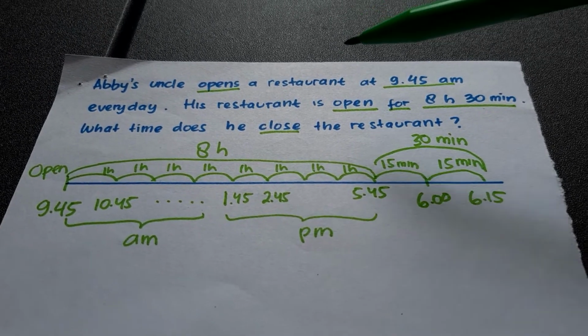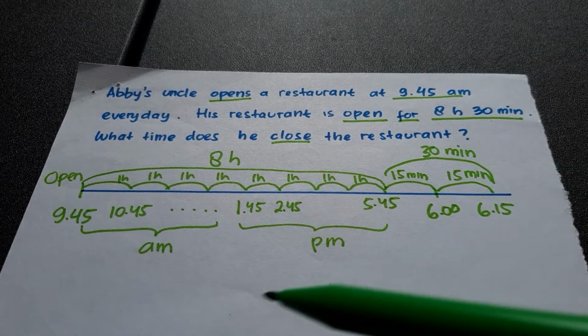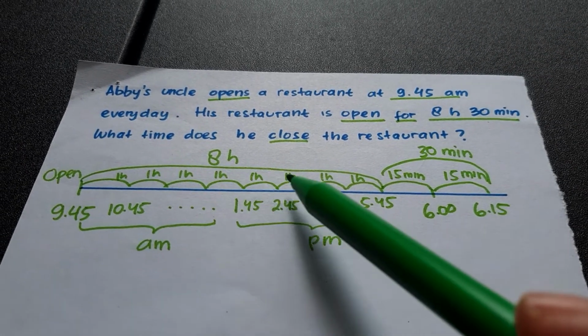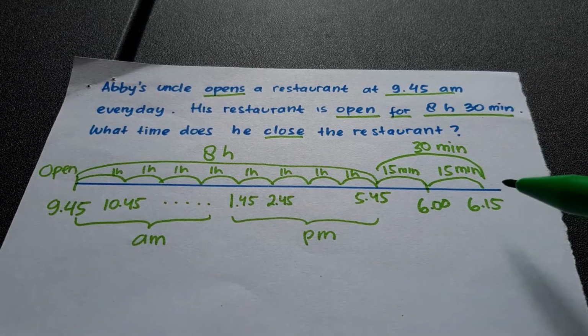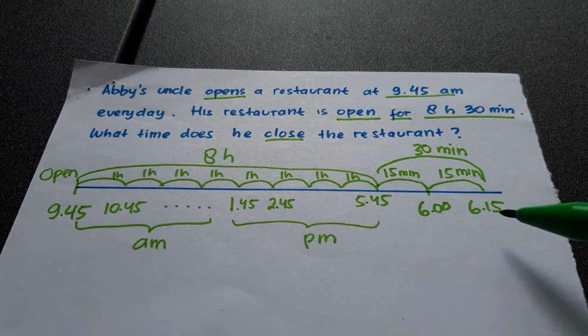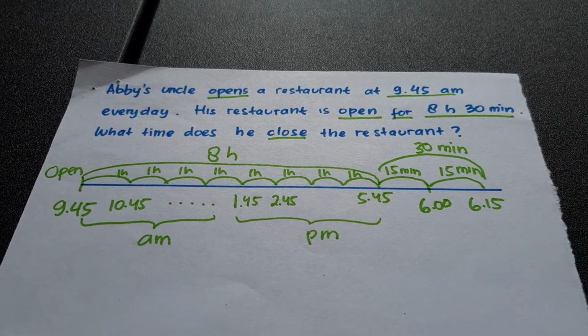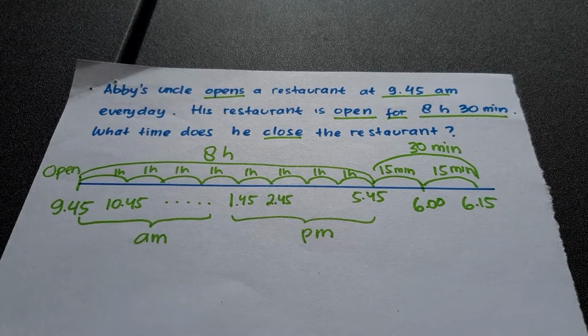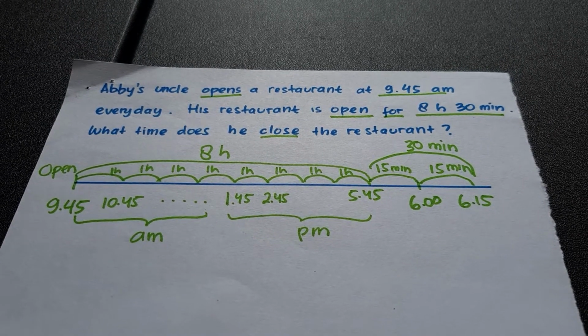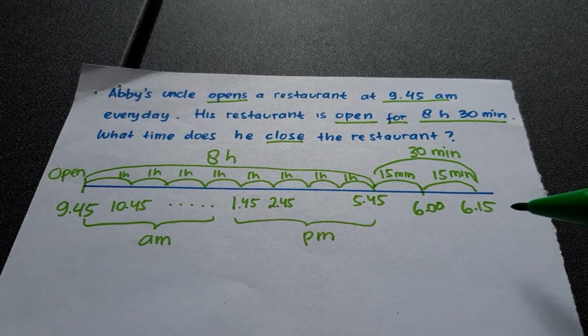So Abby's uncle opened the restaurant at 9:45. After 8 hours and 30 minutes, he closed at 6:15 p.m. Understand? So the answer is 6:15 over here.